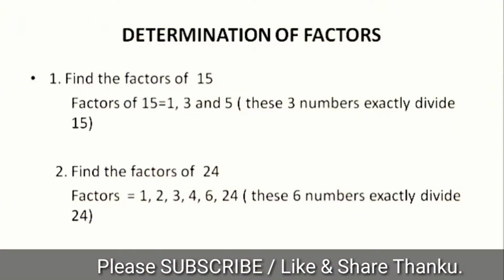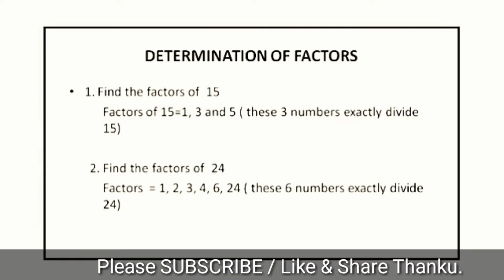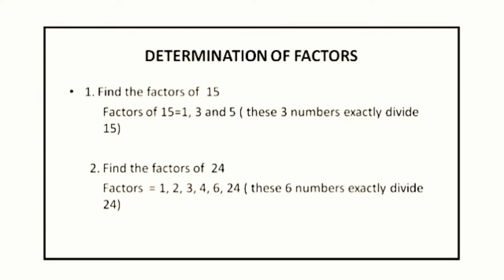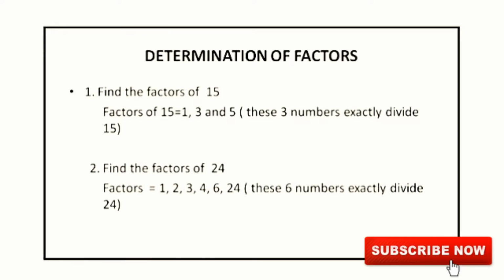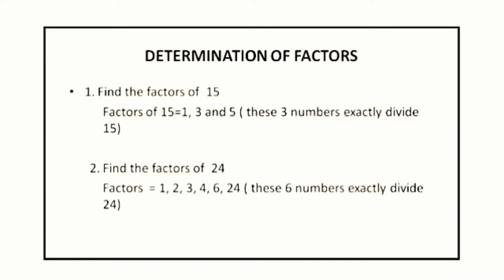For example, I am taking 2 numbers, say 15 and, for the second example, 24. Now, how to find the factors of 15? As I have said just before, 1 is a factor of every number. So, the first factor of 15 is 1. The second factor is 3.